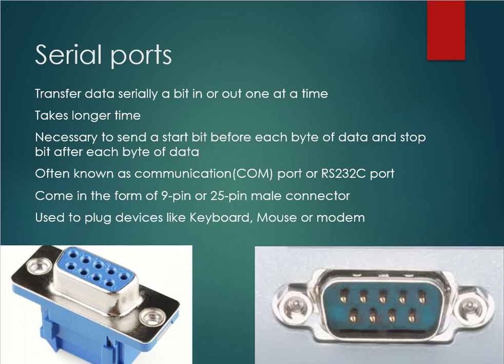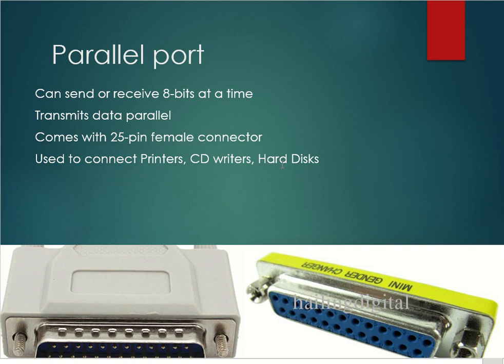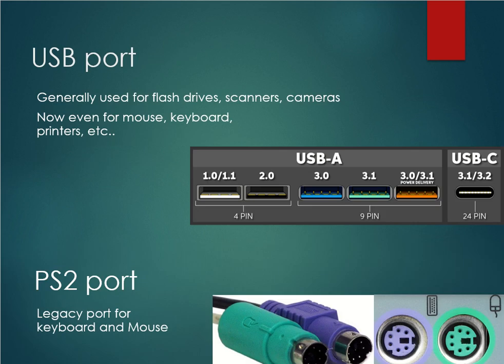Serial port, this is the physical view of that. We use this to connect communication devices like modem or mouse or keyboard. Parallel port connects printers, CD writers and hard disks.